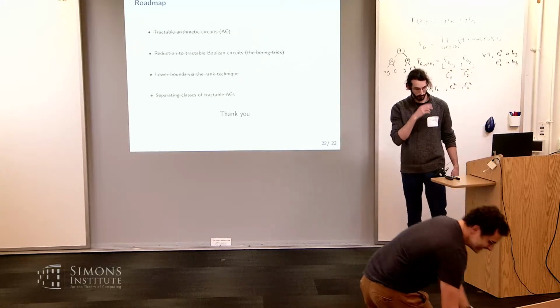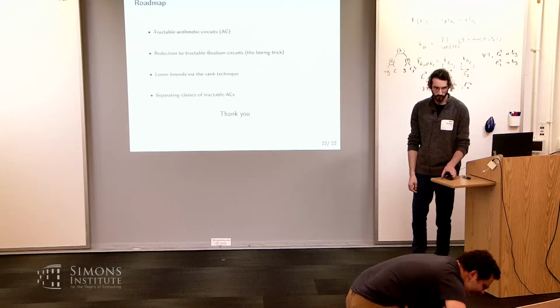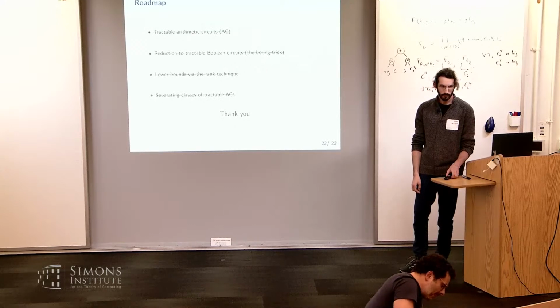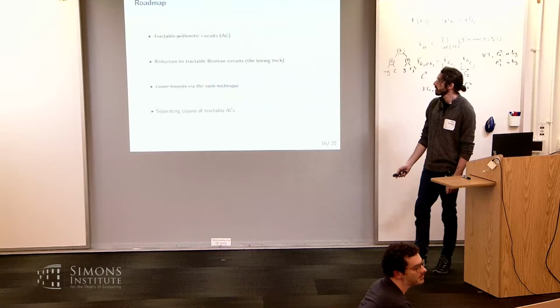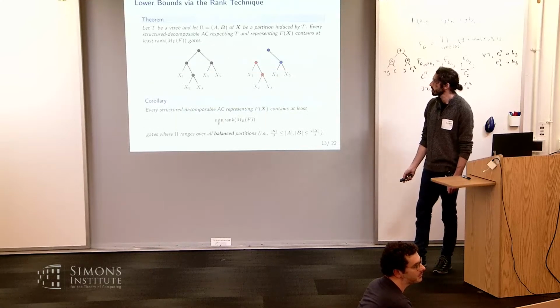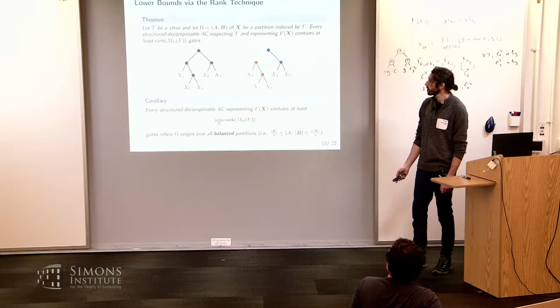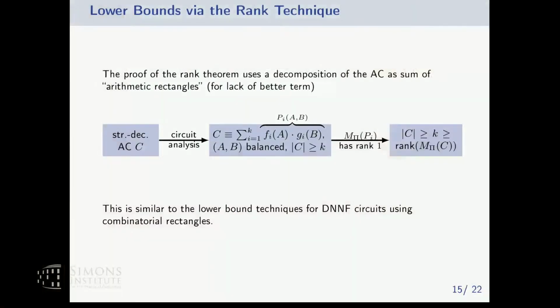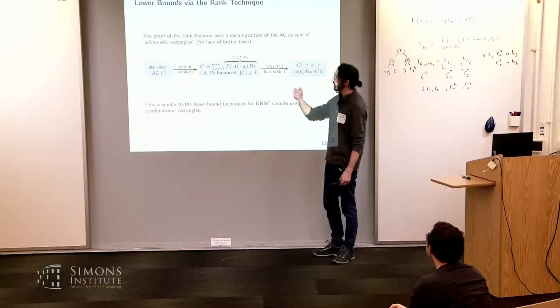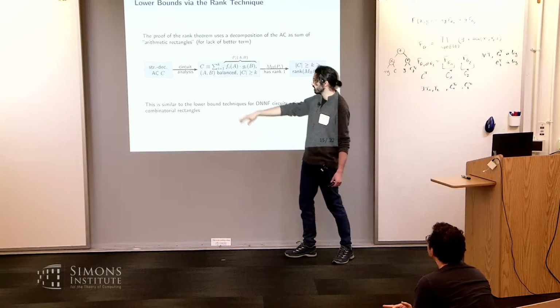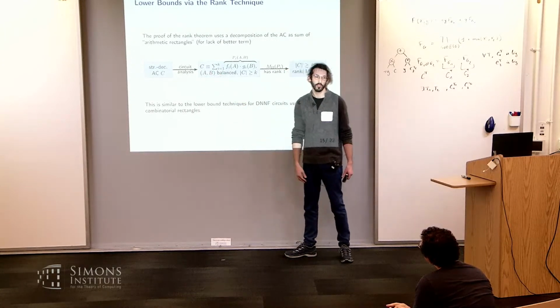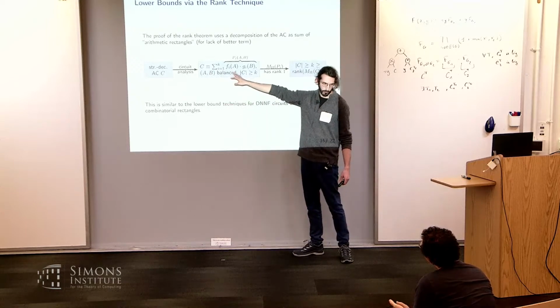Thank you for the nice talk. I have a question about the rank theorem where you can prove lower bounds on the rank. Do you need structure there? Can't you prove some kind of similar results if you don't have structure? Okay, if I don't have structure, I will find a decomposition of my circuit as a sum of rectangles.